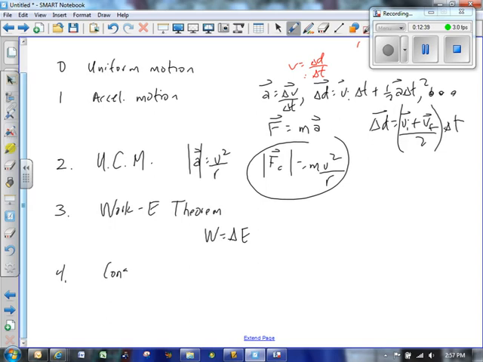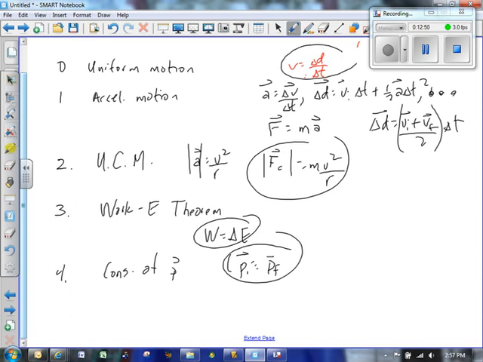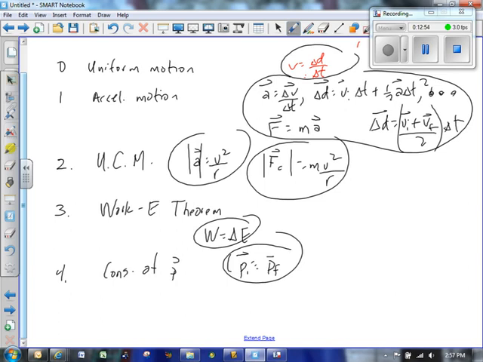Well, that's an easy one. If you're doing PI is equal to PF, that's conservation of momentum. And when do we do that? When we have a collision or an explosion.